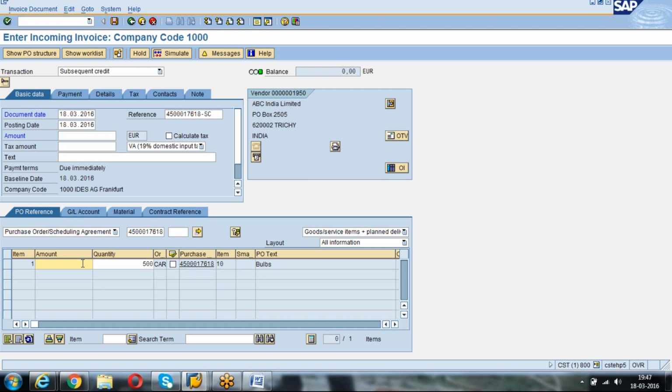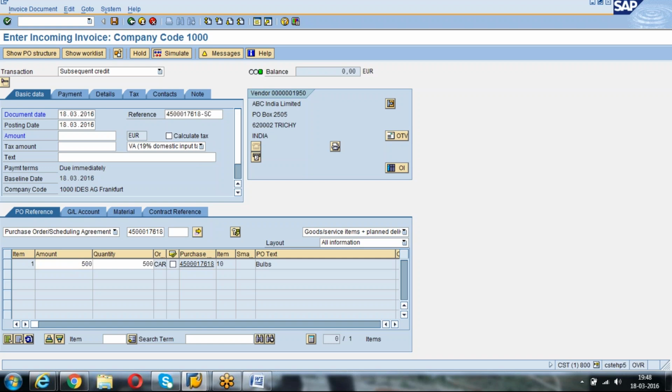For the total quantity you have received, overall materials, around 50 you want to nullify, for the entire items you want to send a subsequent credit, for all these materials I want to take this much amount. If you want to take only for 50 materials, that also you can do. It will be loaded on the material. You have to check that material, how much account it is going to hit, all those things you have to take care of while creating the subsequent credit.